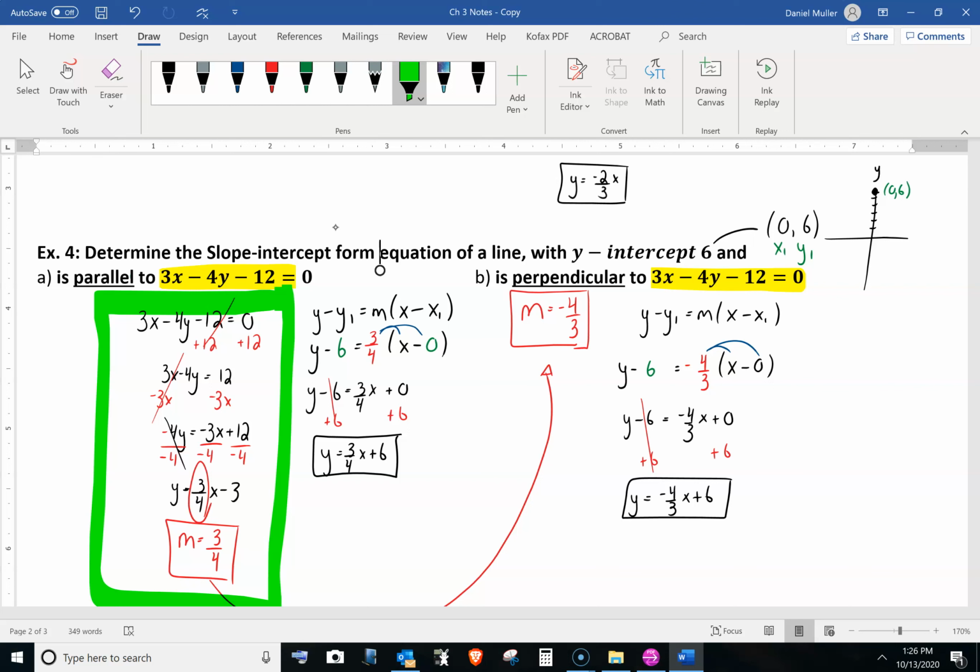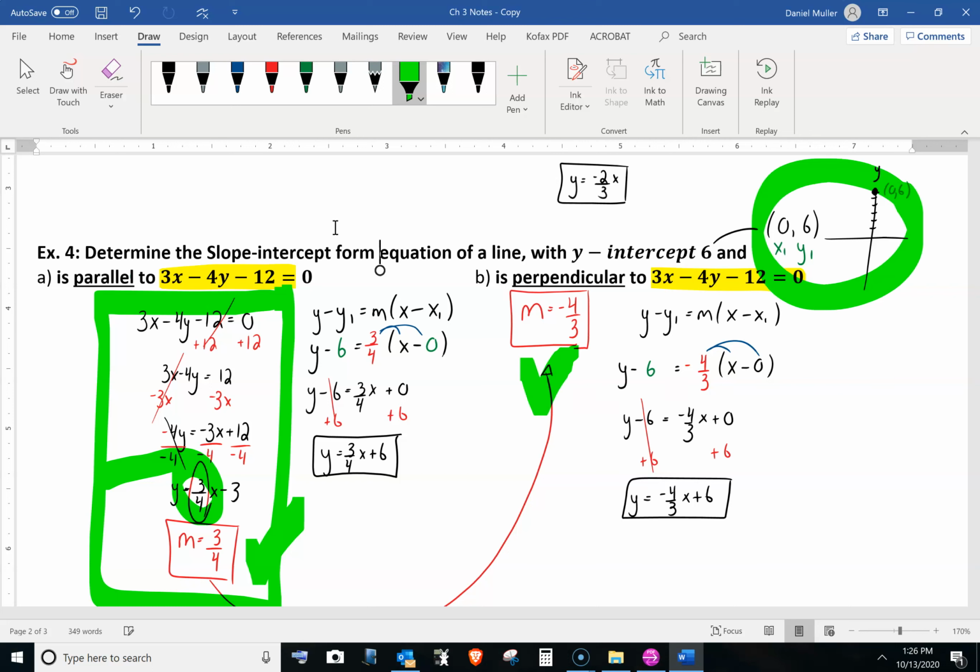So I had to use some algebra skills to figure out what my slope was. Turns out it was 3 over 4. And then I could say, well, if I want parallel to that, then I'll do 3 over 4. If I want perpendicular to that, I'll do negative 4 over 3. And once I had those two slopes, I could just plug it into my point, which again was not entirely obvious because it didn't just tell me (0, 6), which would have been super helpful.